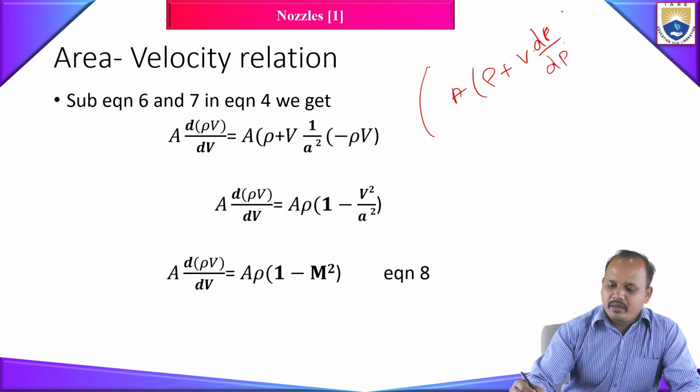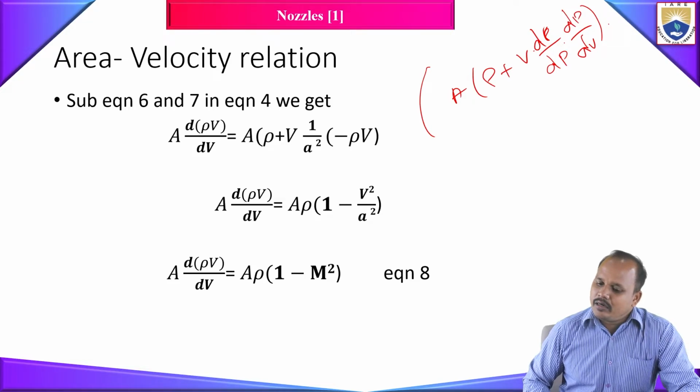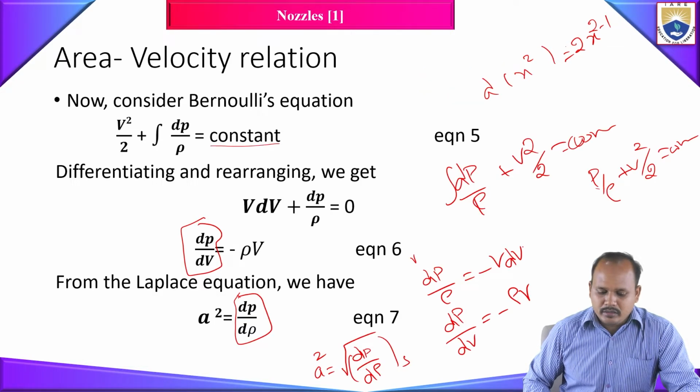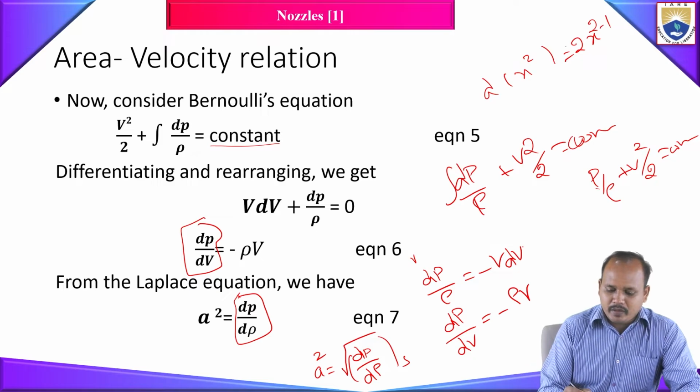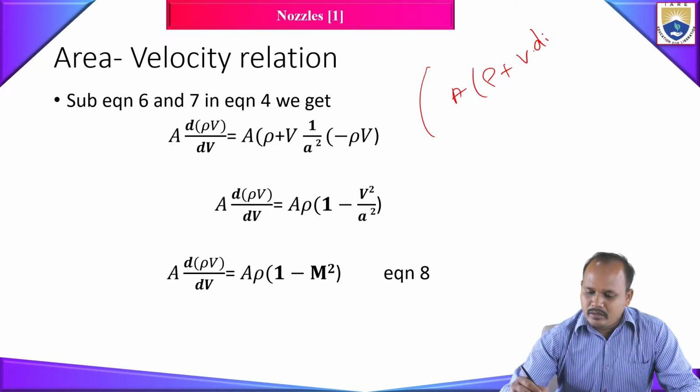So we got the value of dp by d rho. dp by d rho is a square.